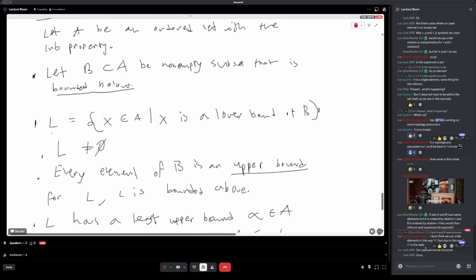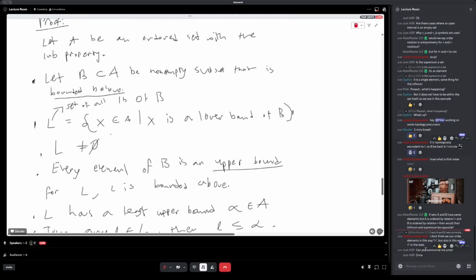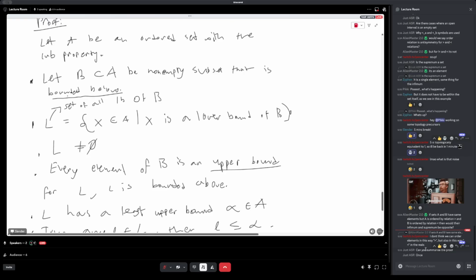Then we picked the set of all lower bounds of B. And this set is non-empty because B is bounded below.